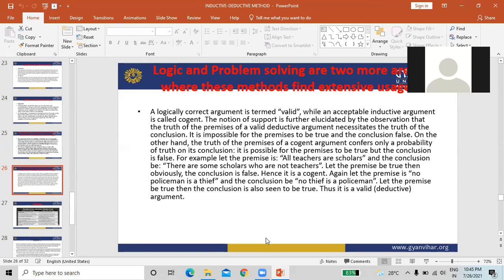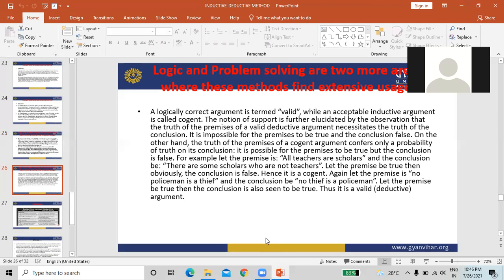The notion of support is further illustrated by the observation that the truth of the premises of a valid deductive argument necessitates the truth of the conclusion.